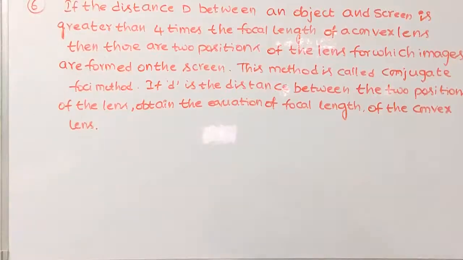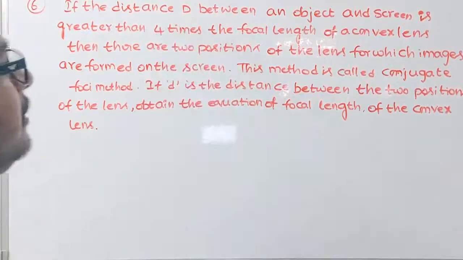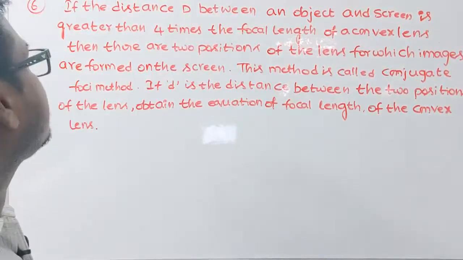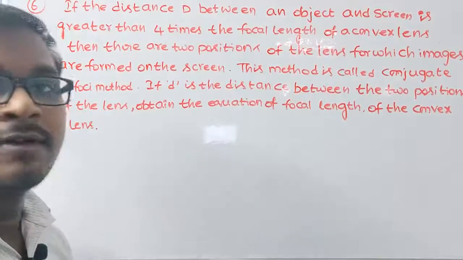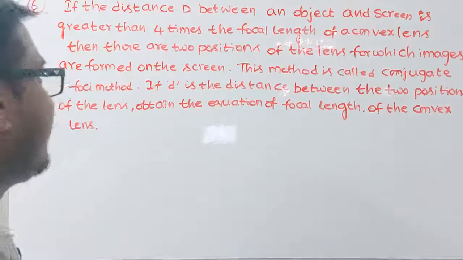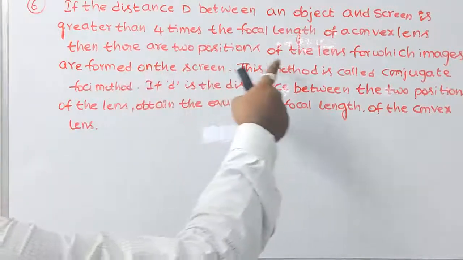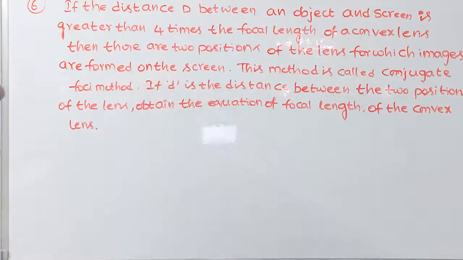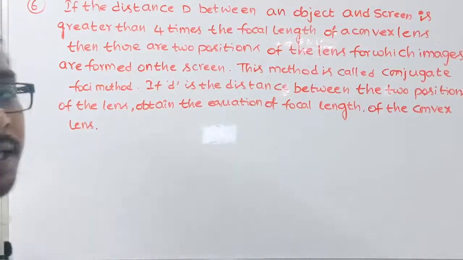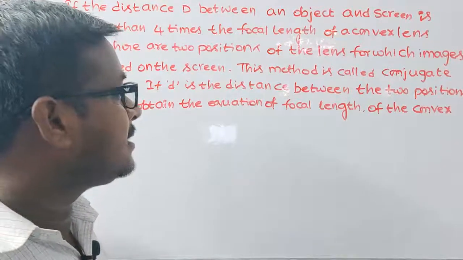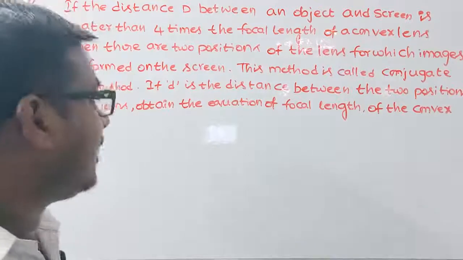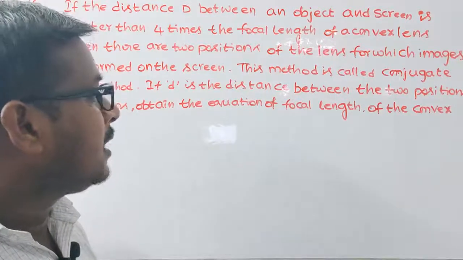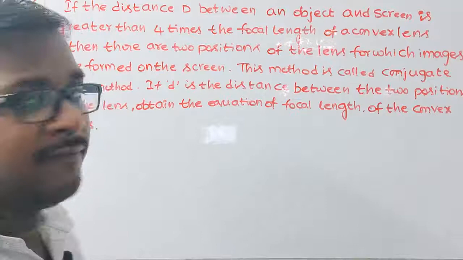Sixth problem. If the distance capital D between an object and the screen is greater than 4 times the focal length of a convex lens, then there are two positions of the lens for which images are formed on the screen. This method is called the conjugate foci method. If small d is the distance between the two positions of the lens, obtain the equation of focal length of the convex lens.